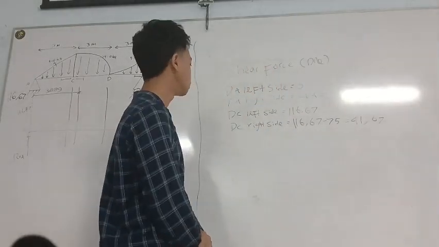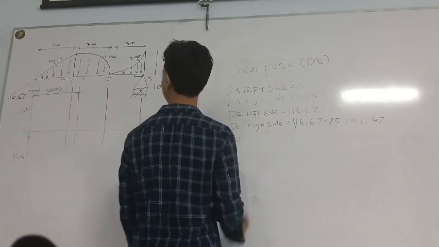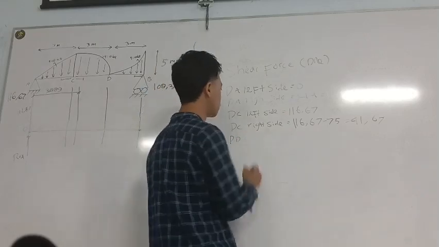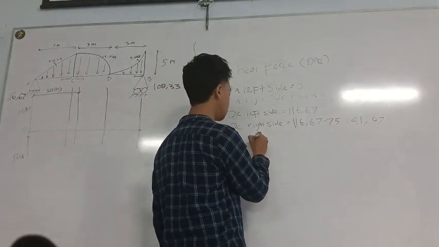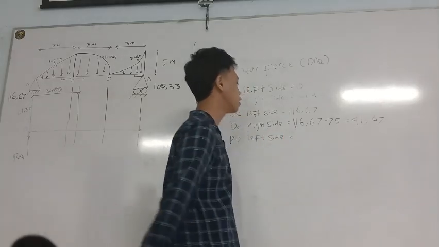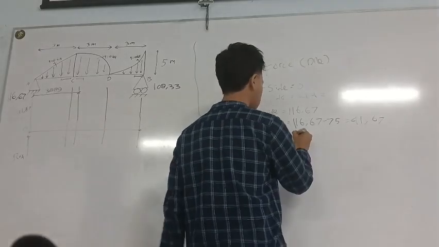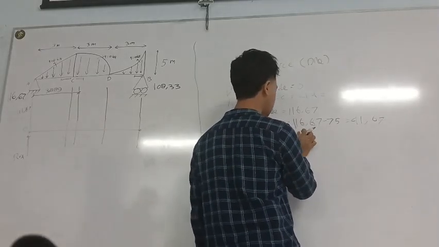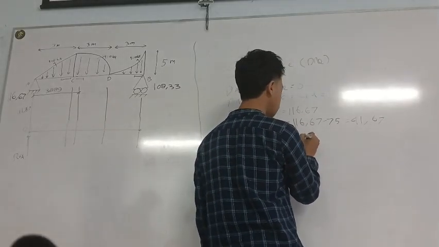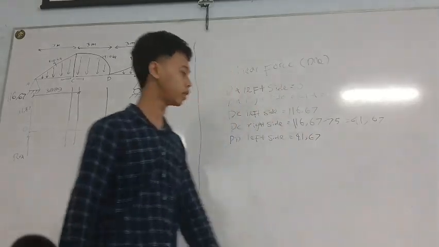And then the point of DT on the left side is equal to DC right side. So the answer is 41.67.